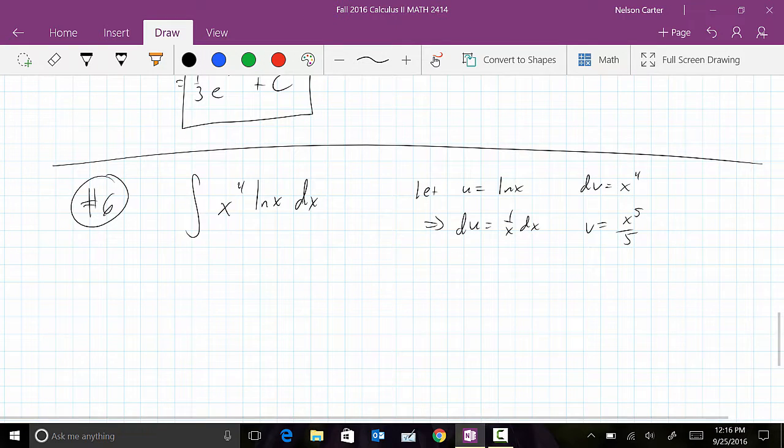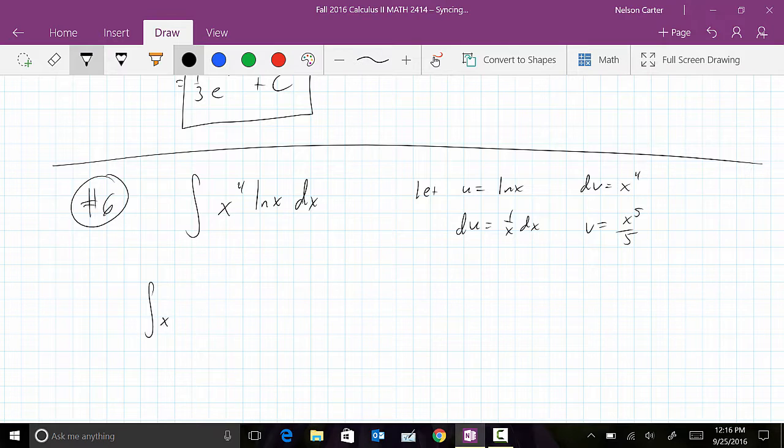Okay, so let's try this here. This integral of x to the power 4 times the ln of x dx is equal to u times v, so that's going to be 1/5 x to the power 5 times the ln of x, minus the integral of v, which is this, du, which is that.